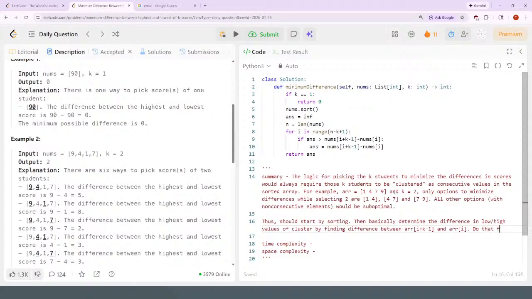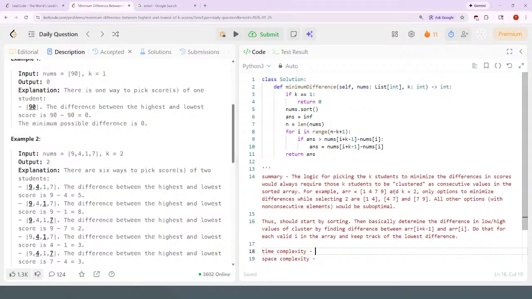Do that for each valid i in the array, and keep track of the lowest difference.